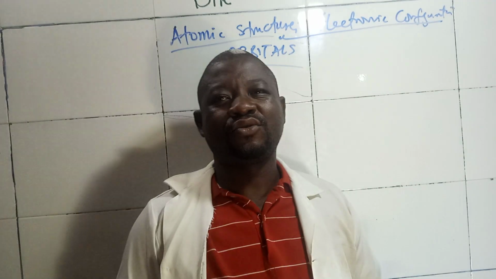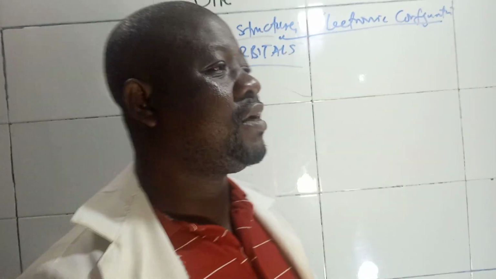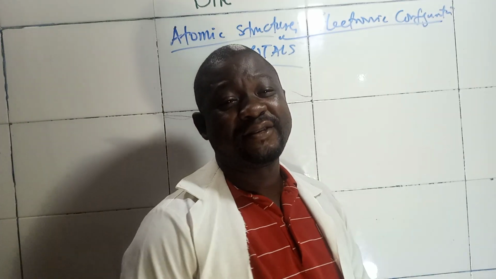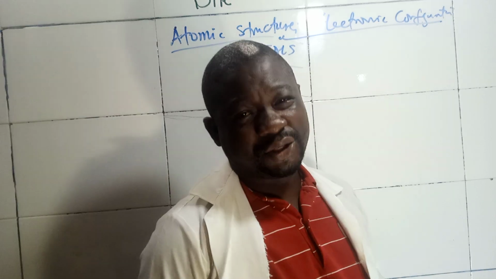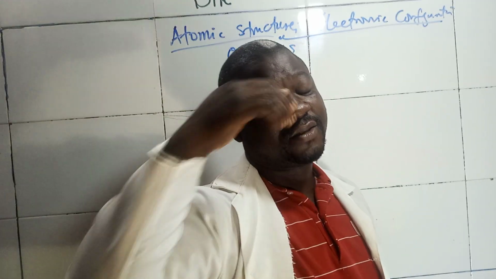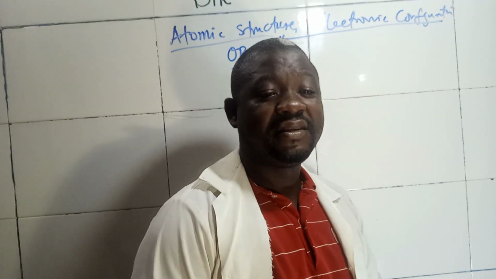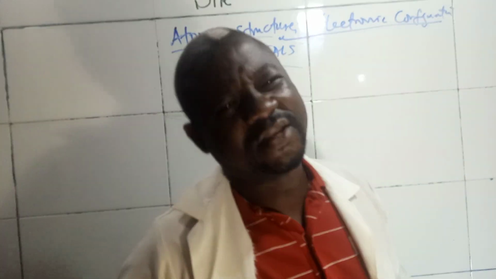So what's an atom? Say an atom is an indivisible particle that takes place in a chemical reaction. Don't forget the definition I gave under elements, that an element is a substance that cannot be broken down into simpler substances.